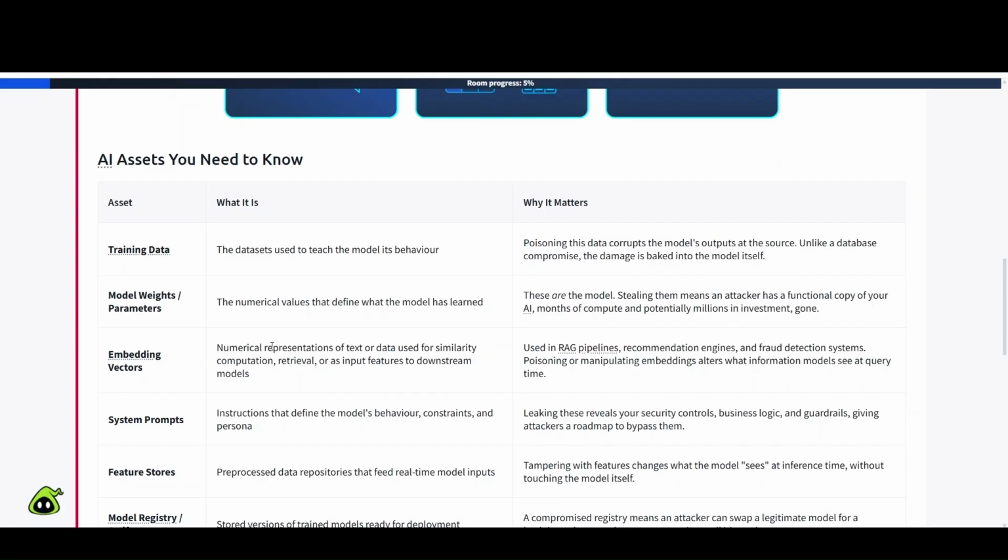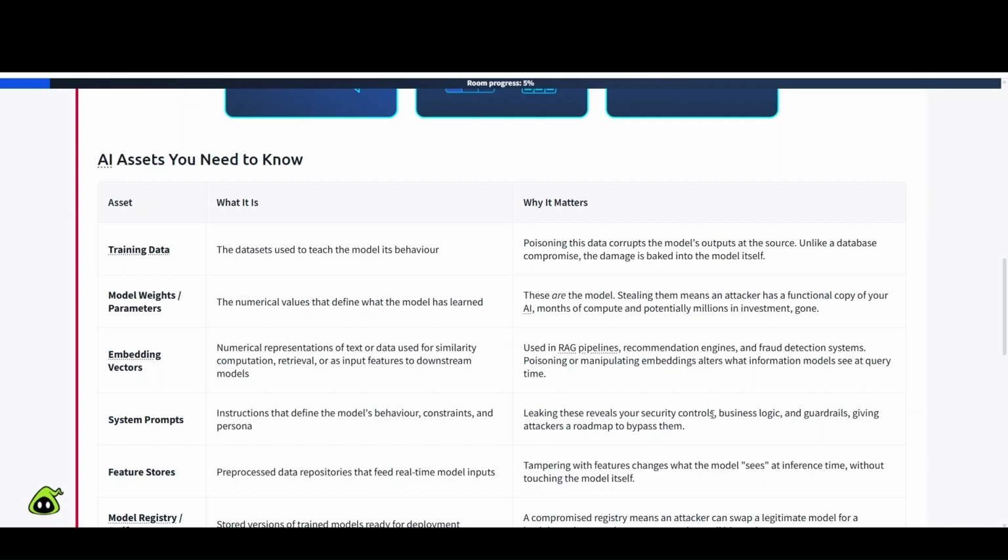Embedding vectors: numerical representations of text or data used for similarity computation, retrieval, or as input features to downstream models, used in RAG pipelines, recommendation engines, and fraud detection systems. Poisoning or manipulating embeddings alters what information models see at query time. System prompts: instructions that define the model's behavior, constraints, and persona.